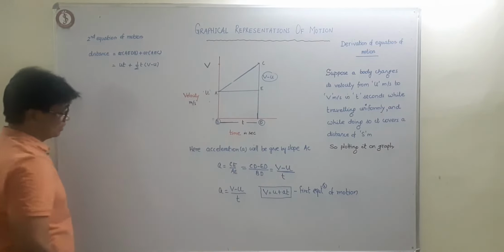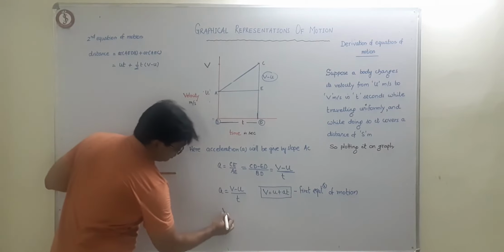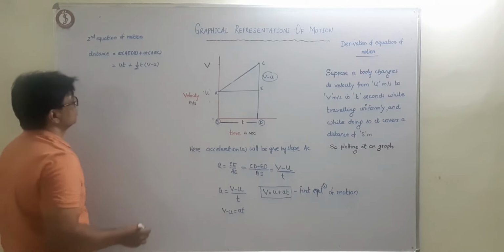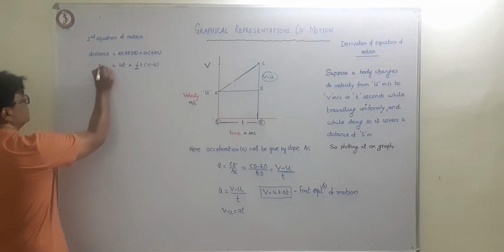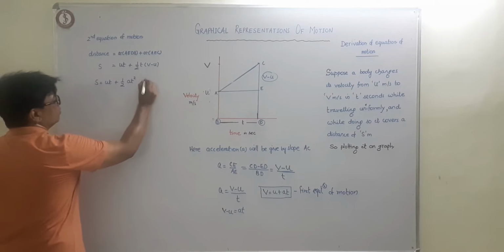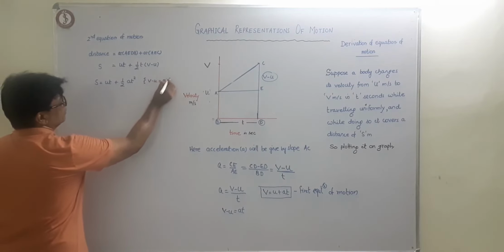Now check: from the first equation of motion, v minus u is equal to at. So we can write distance s is equal to ut plus half at into t, that is, half at square. Why? Because v minus u is equal to at. So this is the second equation of motion.